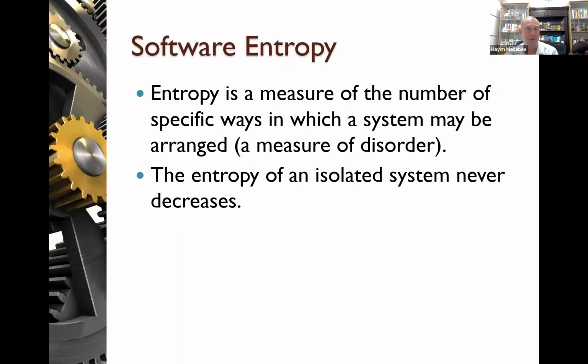And this happens because of entropy. Entropy is a concept in physics and other disciplines, but there is entropy also in software. A basic concept is that the entropy of an isolated system never decreases. It can only increase.